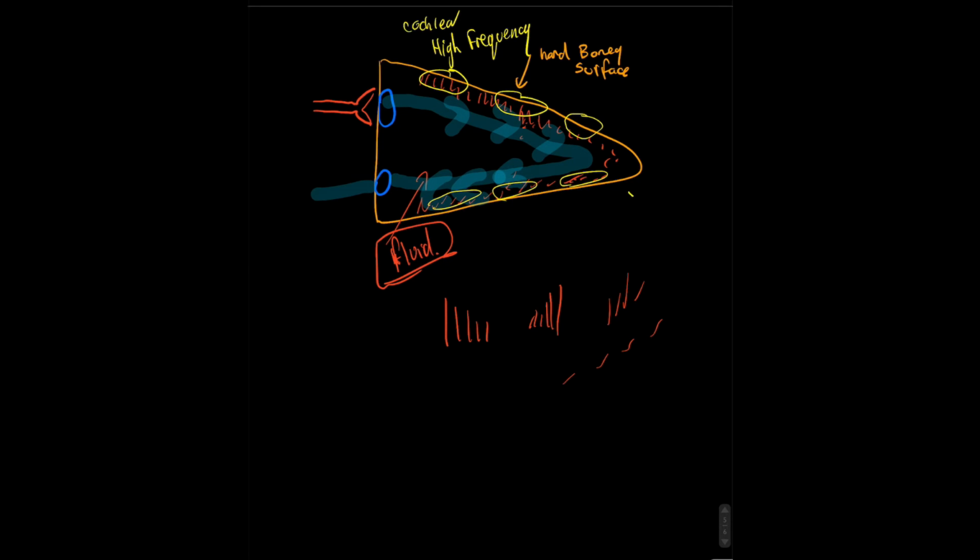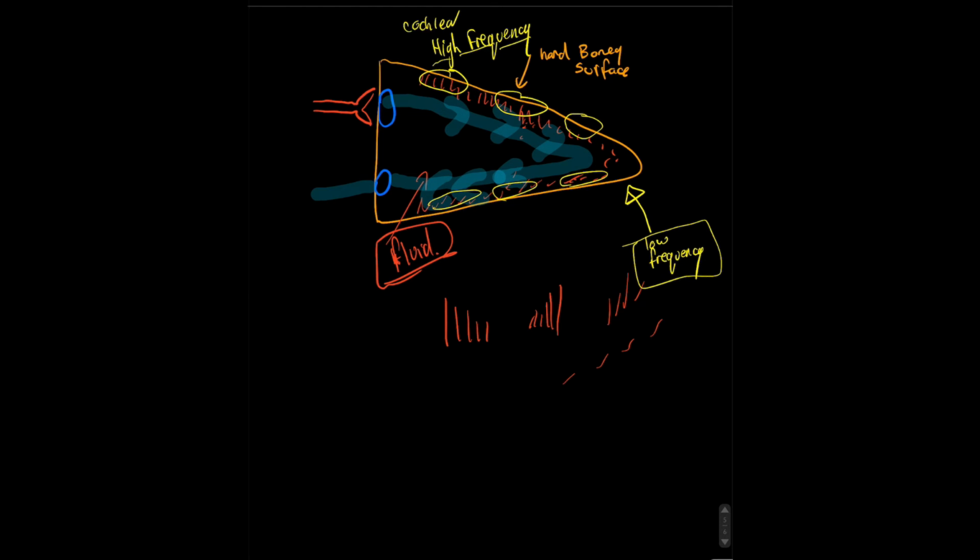And the ones further away are going to be really good at detecting low frequencies. And typically, high frequency sounds are associated with speech and the ability to be able to tell the detail of sounds. Low frequency is associated with loudness.